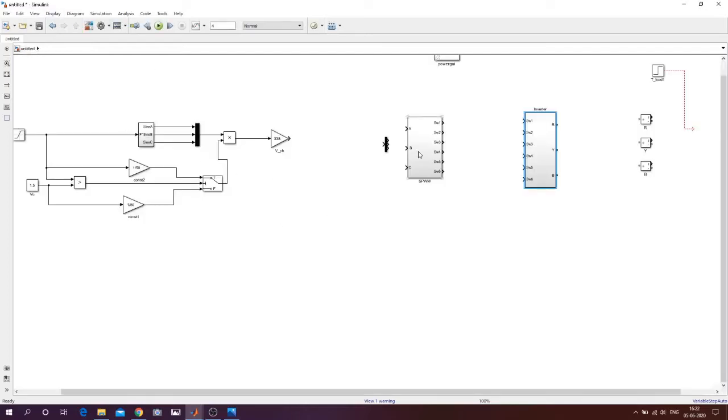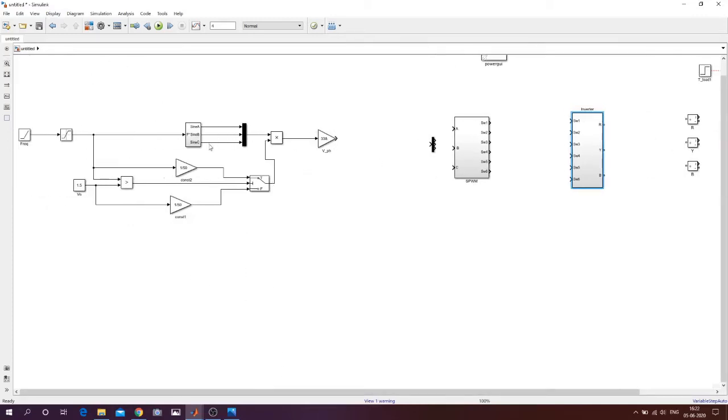This is SPWM, what we have done by changing the frequency and voltage. So this phase voltage is a 3-phase voltage, so this should be given to this switch, SPWM, right?